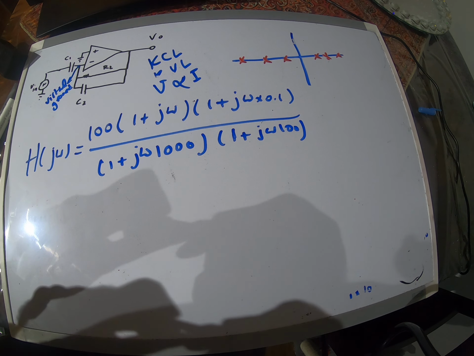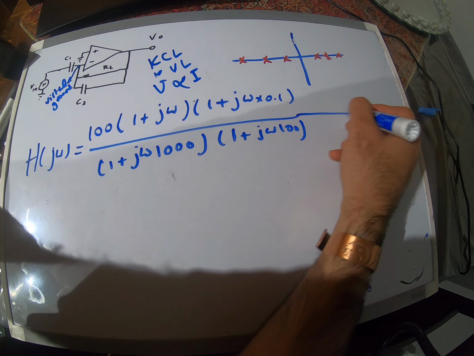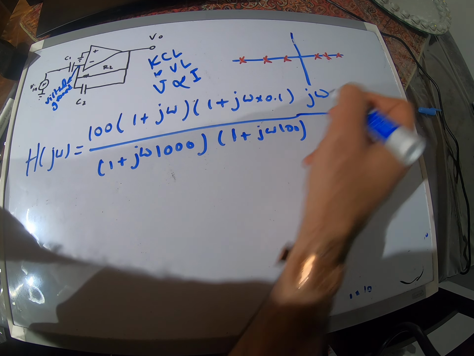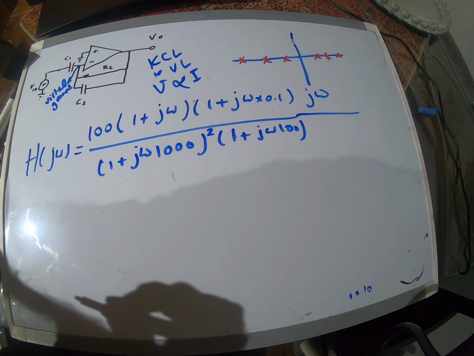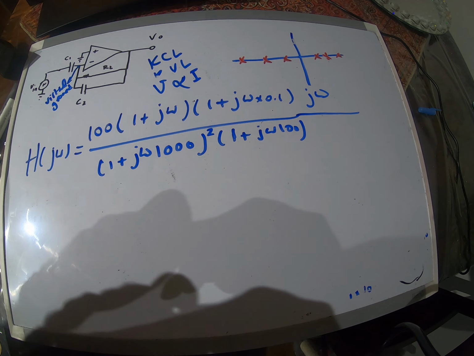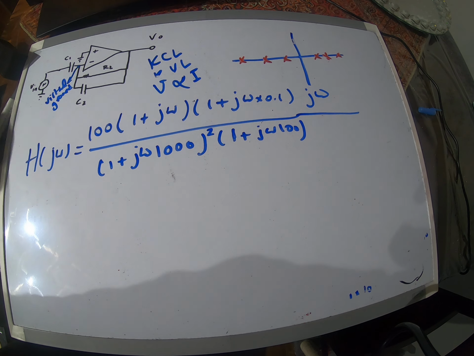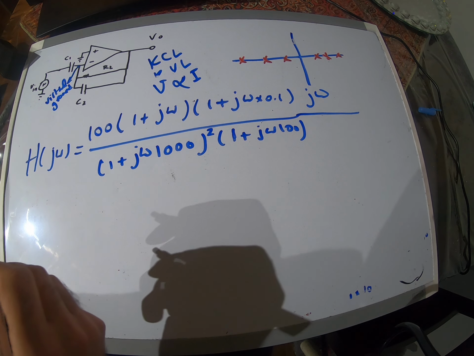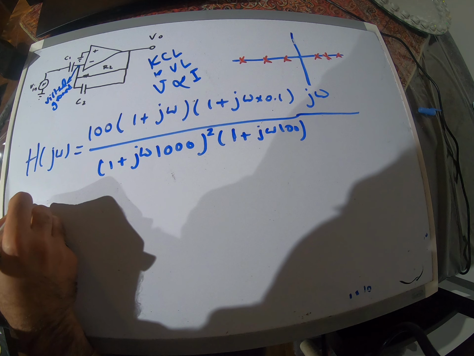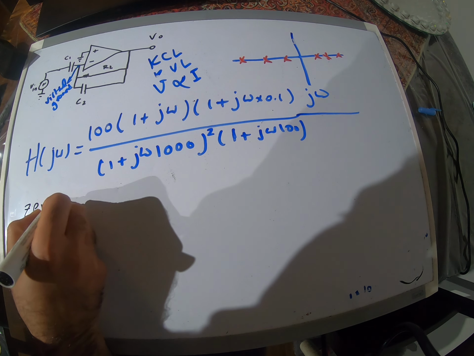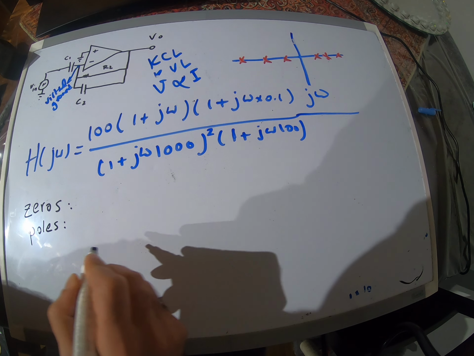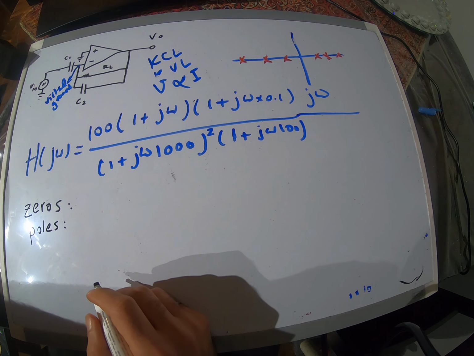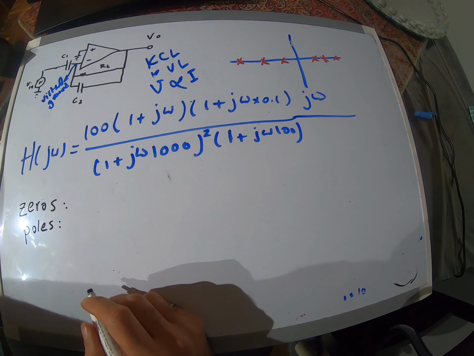Okay, actually let's make another zero here, j omega, and let's make one of these actually squared. Okay, so the first step is to find the zeros and poles. How many zeros do we have and how many poles do we have? Okay, can you guys tell me?